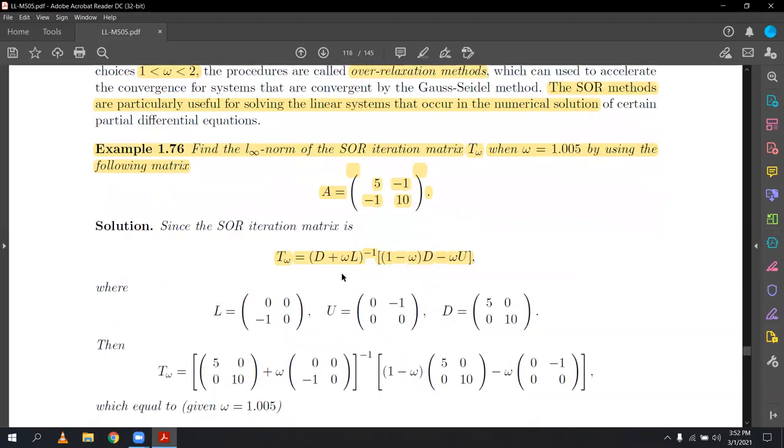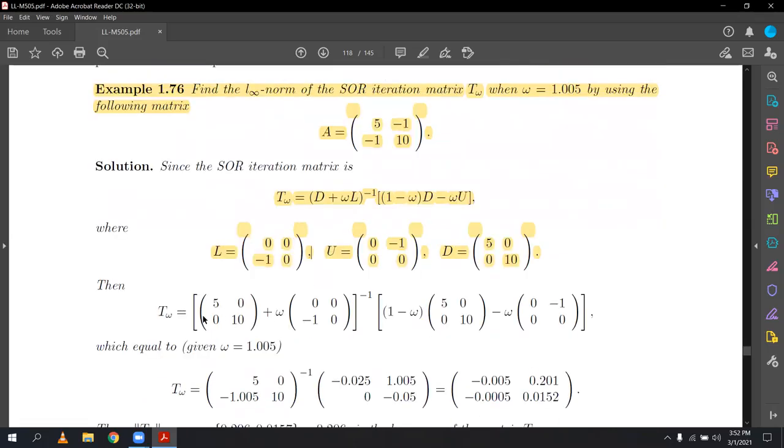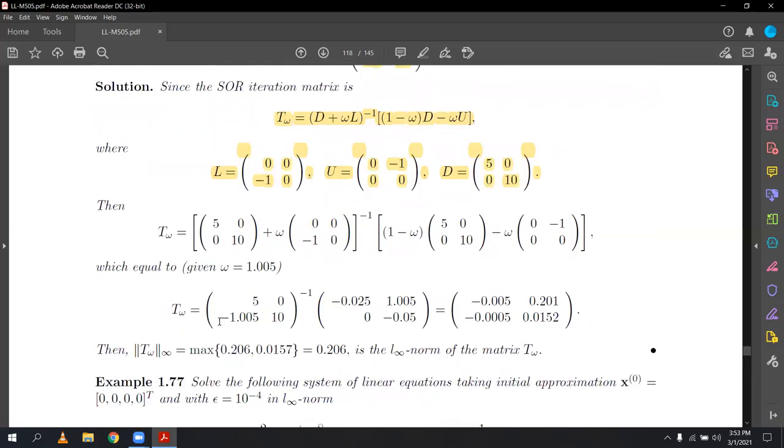You have to memorize this one. D is the diagonal part, 5, 0, 0, 10, and this is given here. U is the upper part of the matrix, and L is the lower part of the matrix. Then you use the formula, use a calculator, and inshallah, you will end with this.